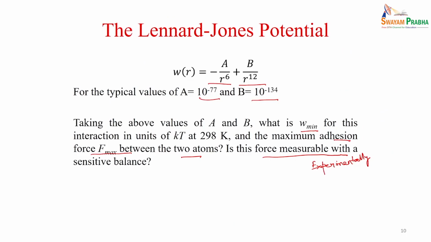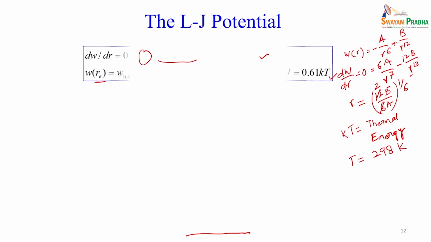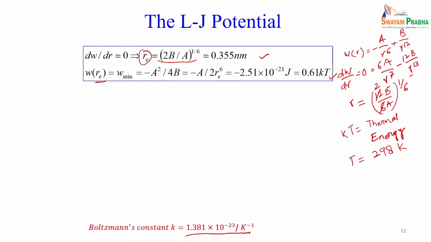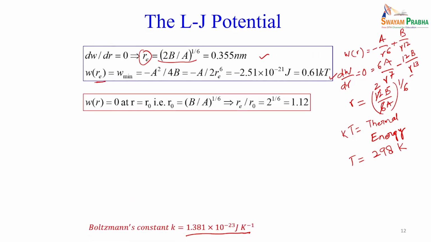Now, if you remember the problem, the second part asks what should be the maximum adhesion force between the two atoms. Again you have to follow the same exercise as we did for the minima.